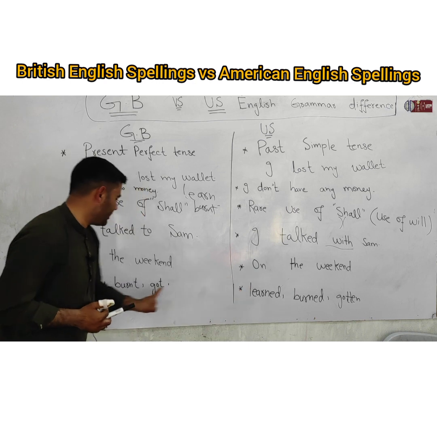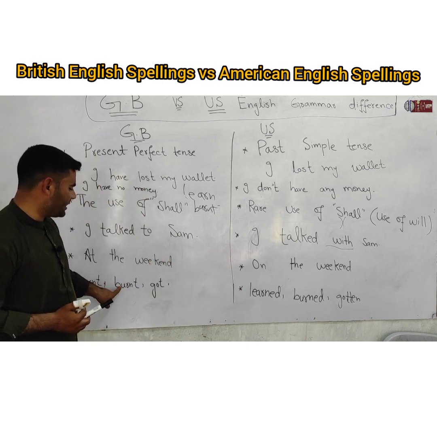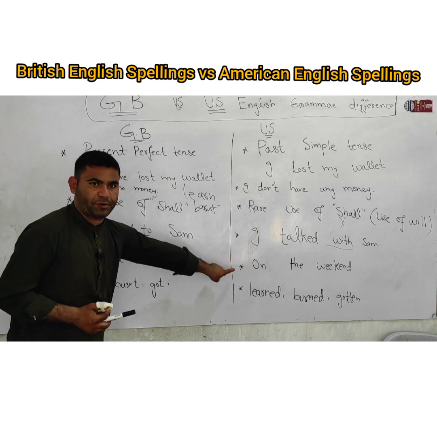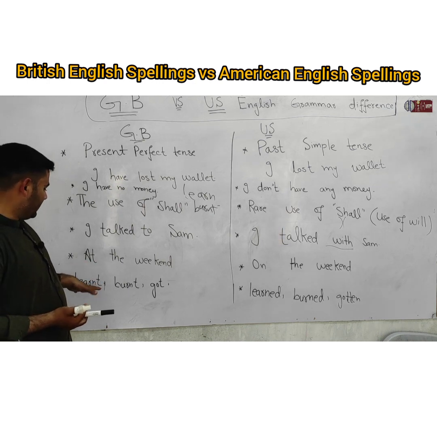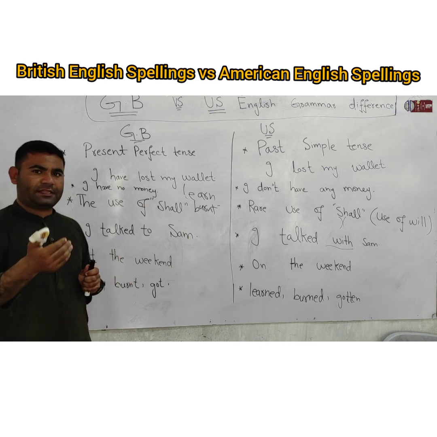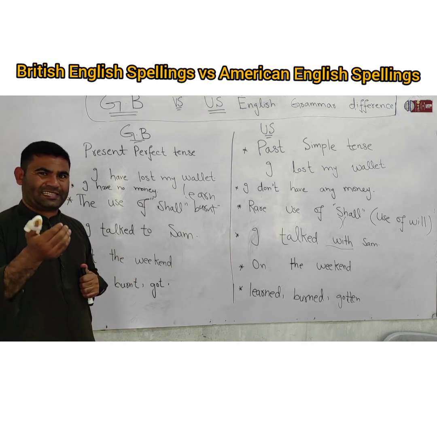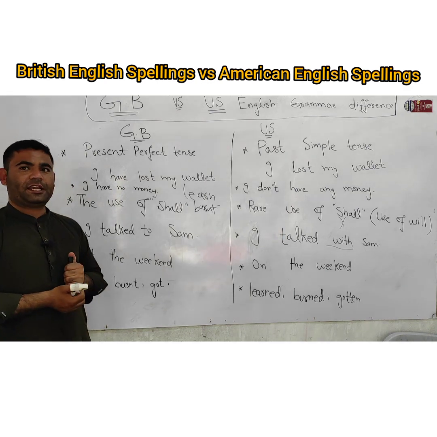British English, learnt. British English burnt, and American English burned, right? So there are certain verbs, learn, burn, and these kinds of verbs. In British English, their second and third forms end with "t." In American English, their second and third forms end with "ed."